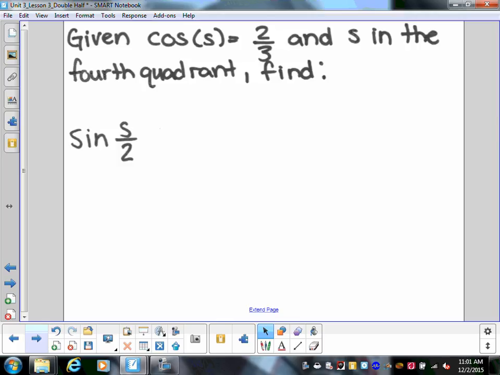So wait, it sounds like the thing says cosine is A over 2. Would it be 2/3 over 2? S does not, cosine does. So I have sine of an angle divided by 2. So that's a half angle identity. I'm cutting an angle in half. So I go find sine of A over 2.